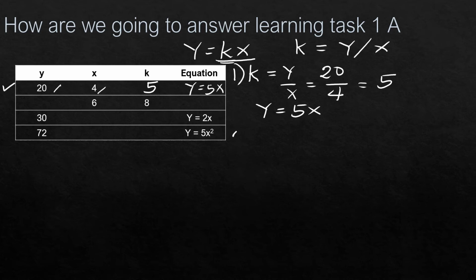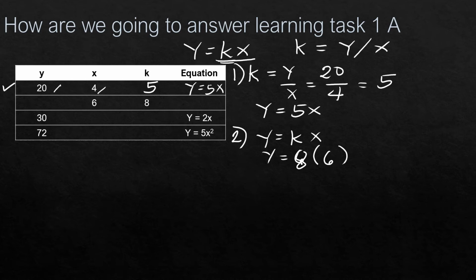Second line. For second line, we're given with x and k. So, we have here again, y is equal to kx. Your k is 8, and your x is 6.